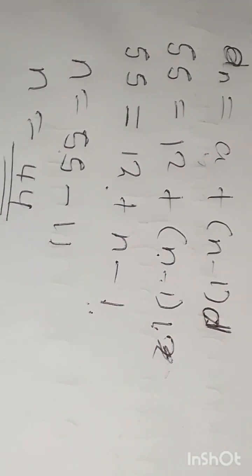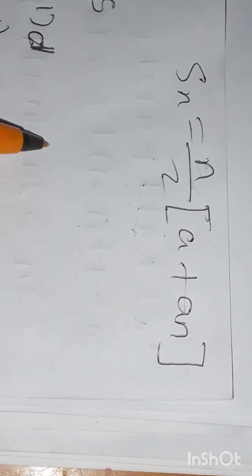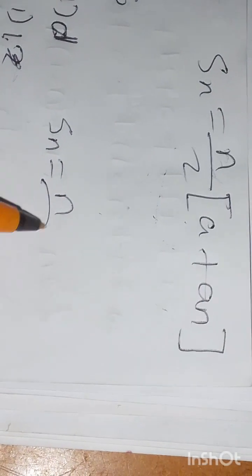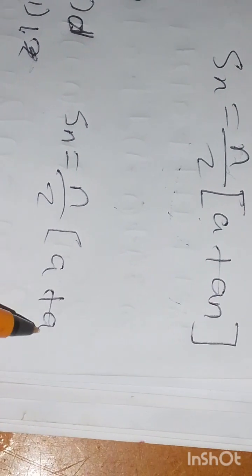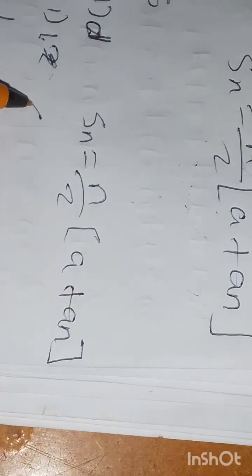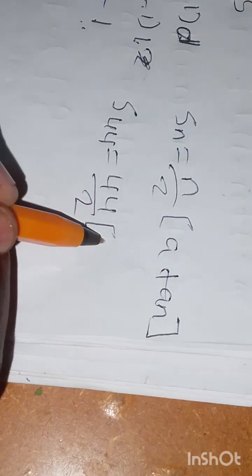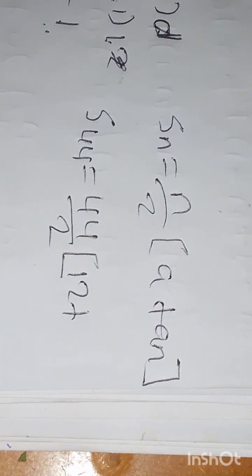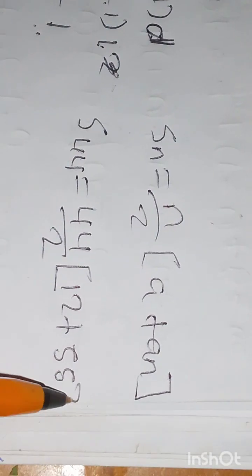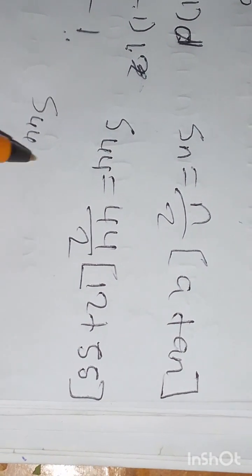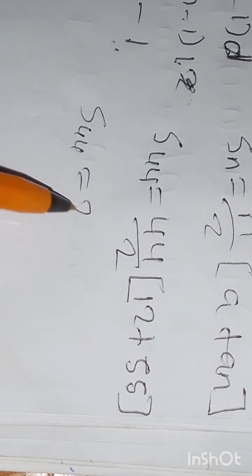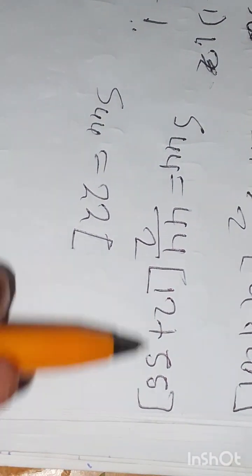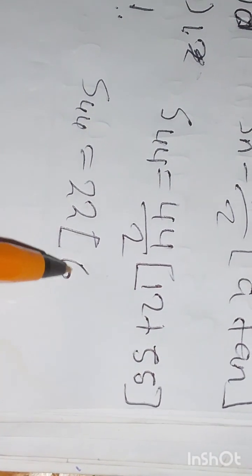Now we get back to this formula: S of n is equal to n over 2 times a plus an. So S of 44 is equal to 44 over 2, times our a, which is 12, plus our an, which is 55. 44 divided by 2 gives us 22. 12 plus 55 gives us 67.